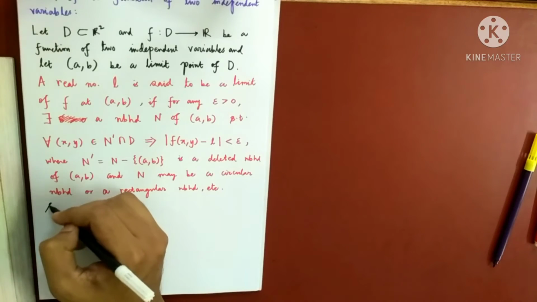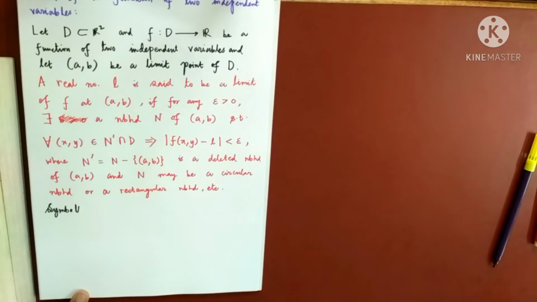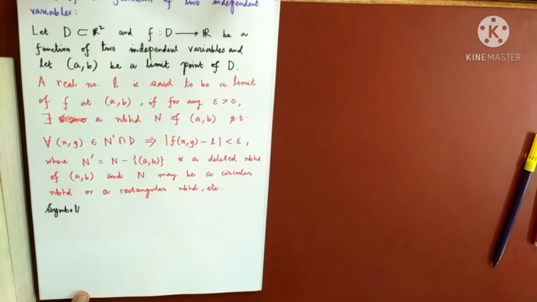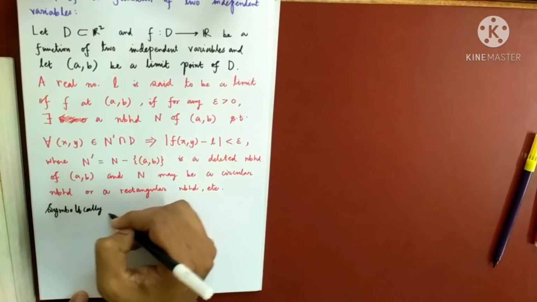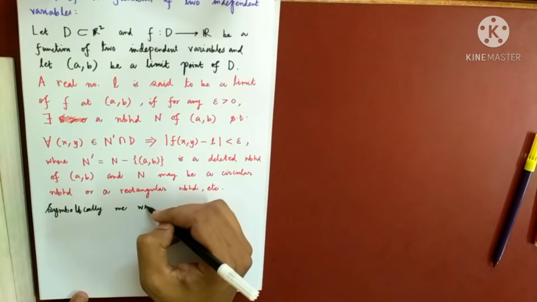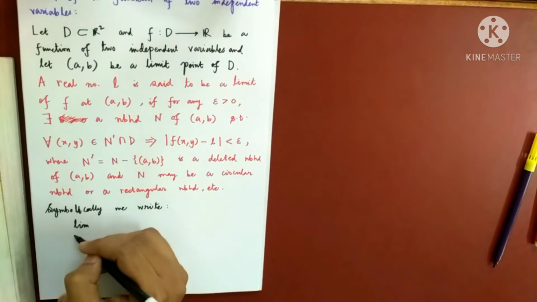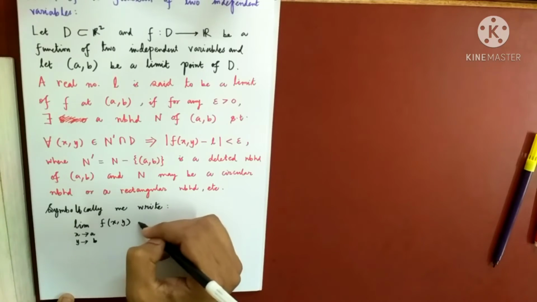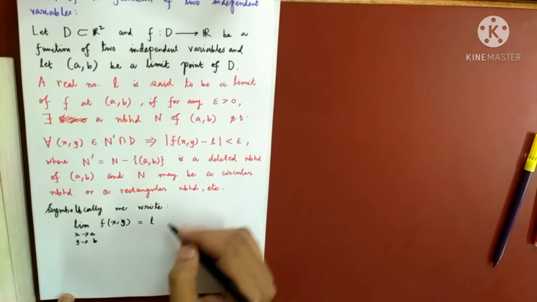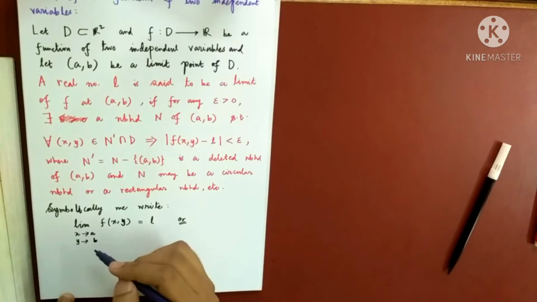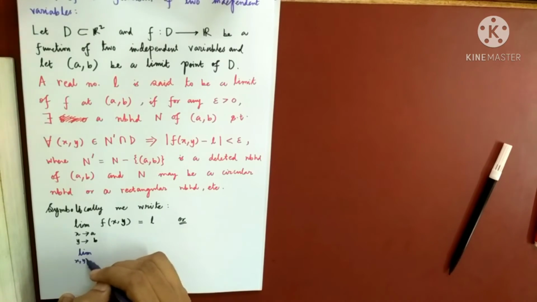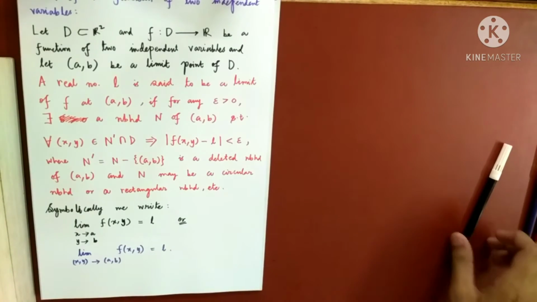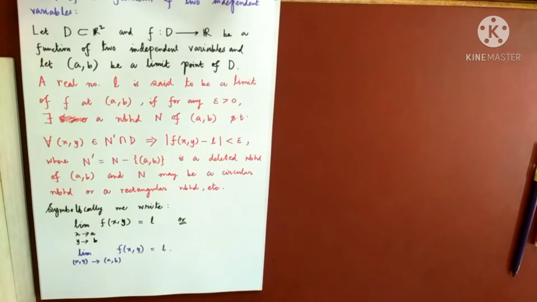So symbolically we write this: limit x tends to a, y tends to b, f of x comma y is L. Or we can also write it like this: limit x comma y tends to a comma b, f(x,y) equals L. So these are the two symbols accepted for symbolically representing this limit.